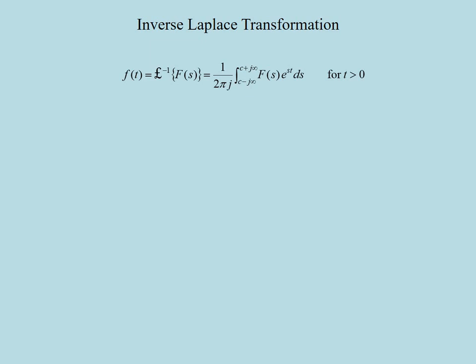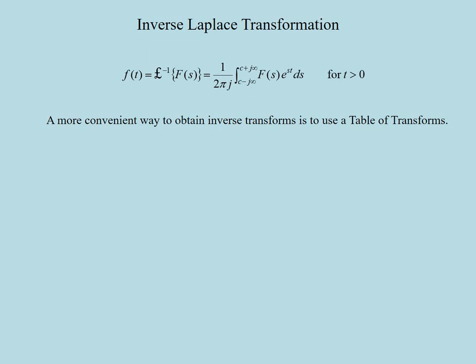In many cases, this integration may not be easy to evaluate, and a more convenient way to obtain inverse Laplace transforms would be to use tables of transforms. If you know the Laplace transforms of certain basic time functions, you can express your frequency domain function to be inverse transformed in terms of their transforms.